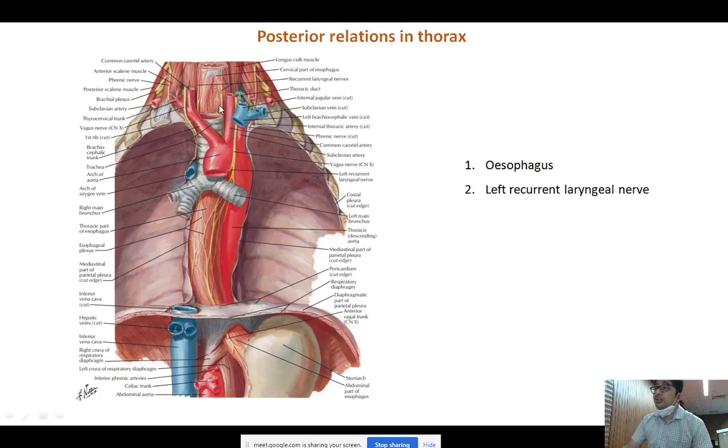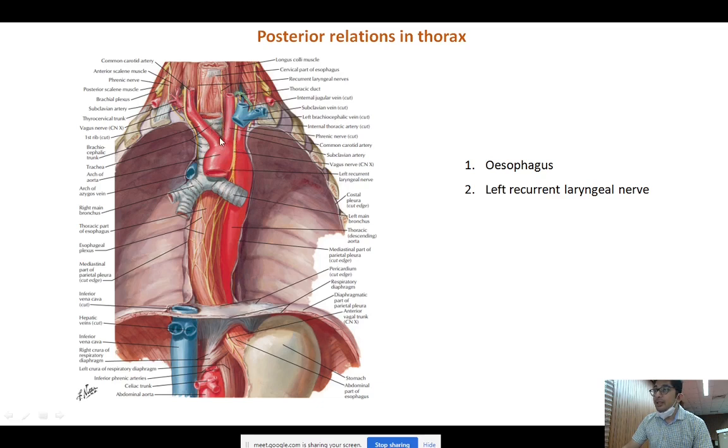Posterior relations, nothing much. Esophagus and left recurrent laryngeal nerve. We are talking about the thorax, this part. So above in the neck, the trachea may be related to both the recurrent laryngeal nerves. But here, since the right recurrent laryngeal nerve will hook around the brachiocephalic trunk, the left one hooks around the arch of aorta.